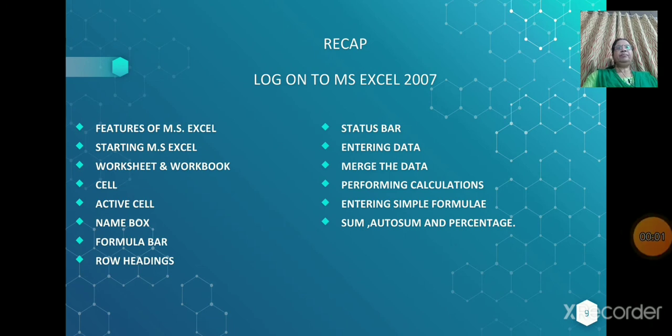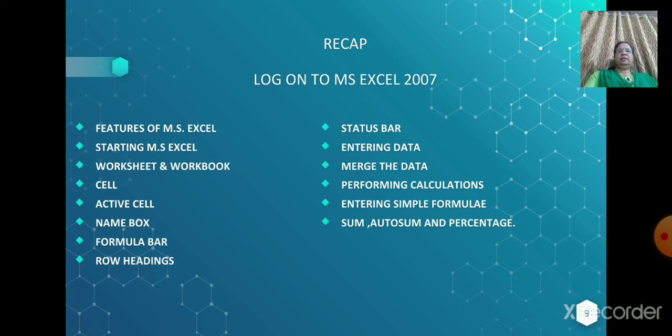Yes, children. Now let us see what we have learned in this chapter. Features of MS Excel: functions and formulas, formatting features, auto calculations, fast searching and instant replacing of data, entering data in series using autofill option. And how to start MS Excel?